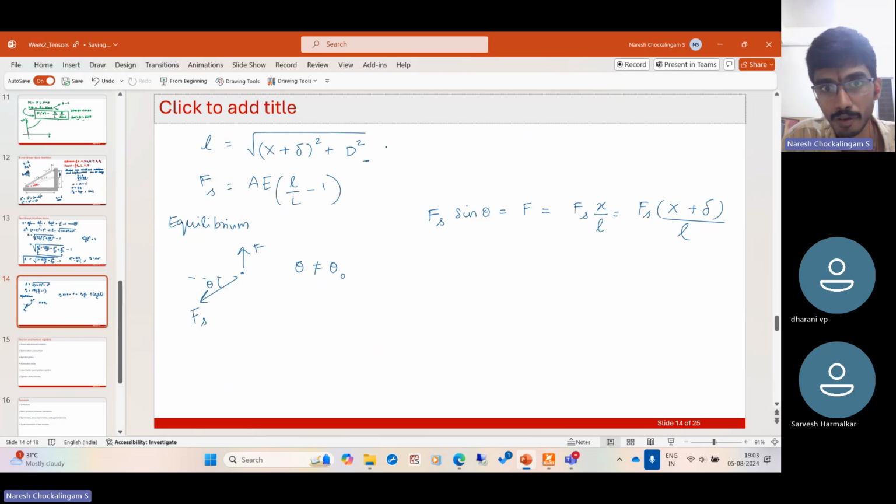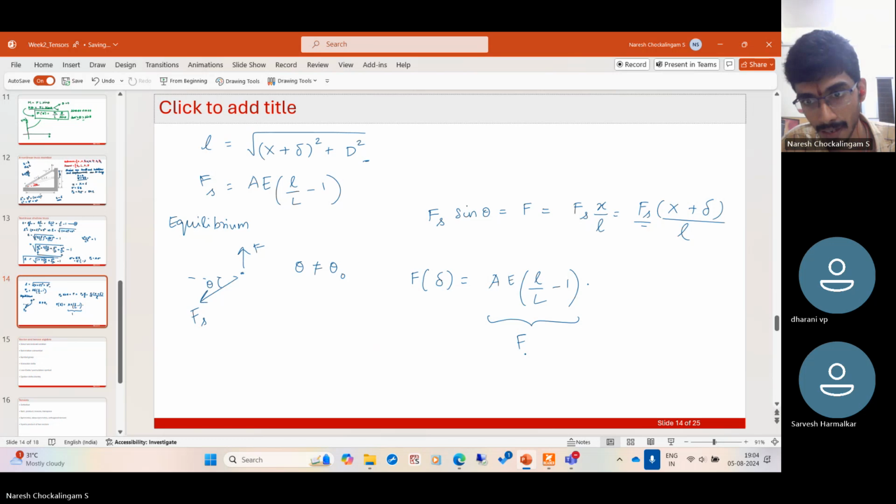L we know in terms of delta, and Fs we know in terms of delta. So right now we have the force in the member. The force that should be applied as a function of delta is AE times (L by L naught minus 1), multiplied by sine theta, which is (X plus delta) by L. So this is nothing but AE times (X plus delta).